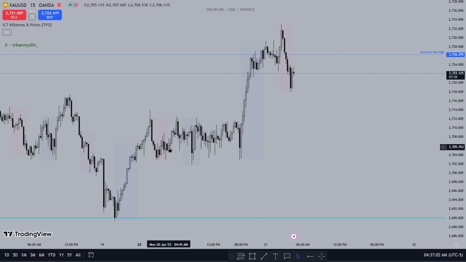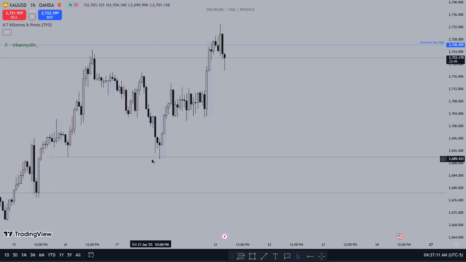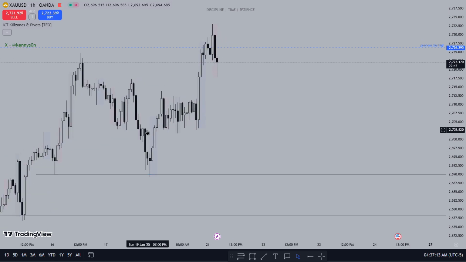I did look at the London session and I couldn't trade it because I saw that it didn't trade to this after a displacement above here.